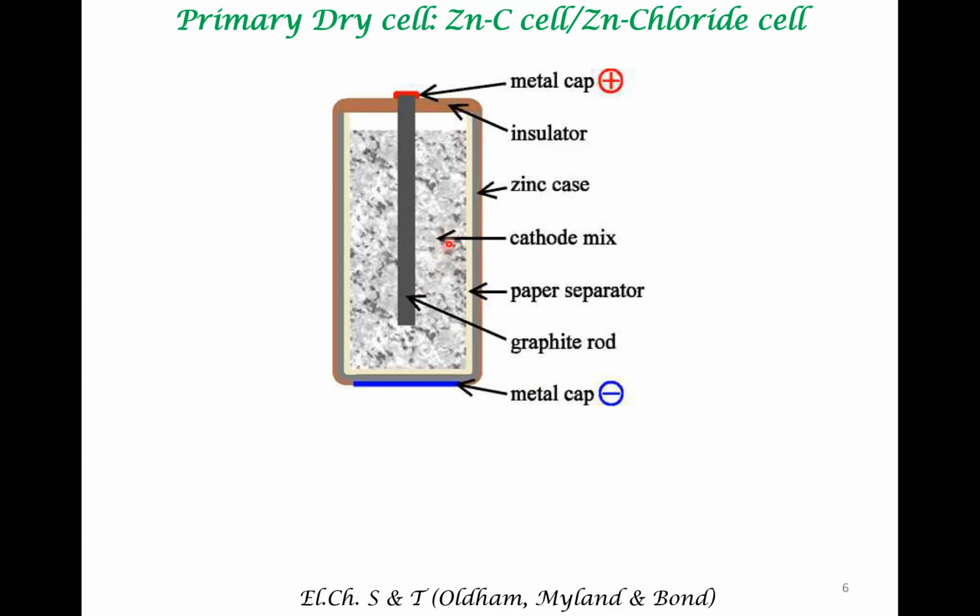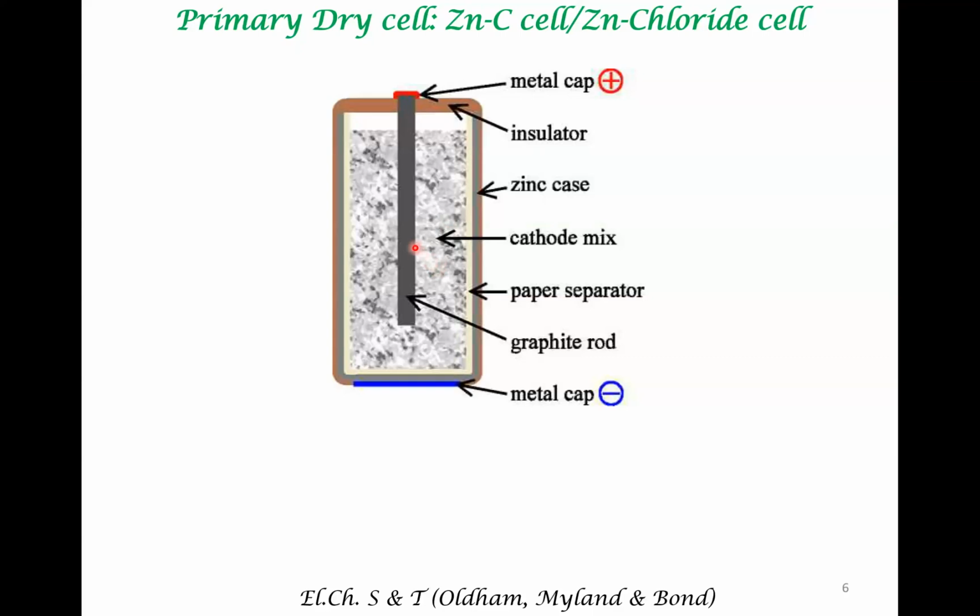So even though you say it's a dry cell, this might be dry or it's a paste. Okay, so you don't have electrolyte sloshing around. However, an aqueous electrolyte might be mixed with a powder, which gives rise to a paste.